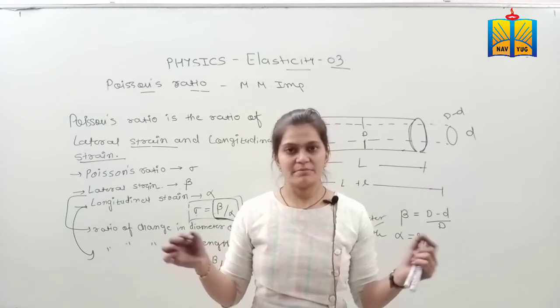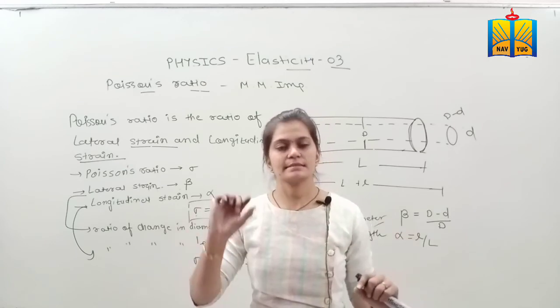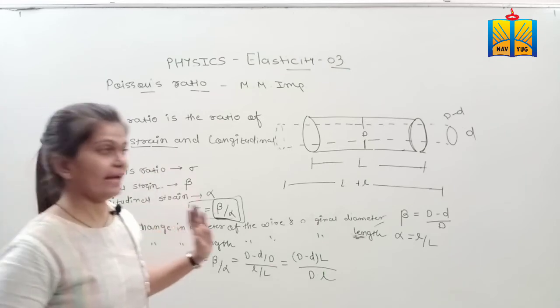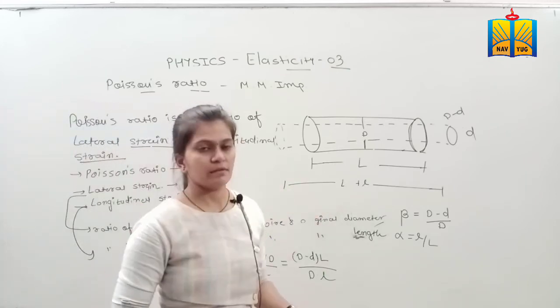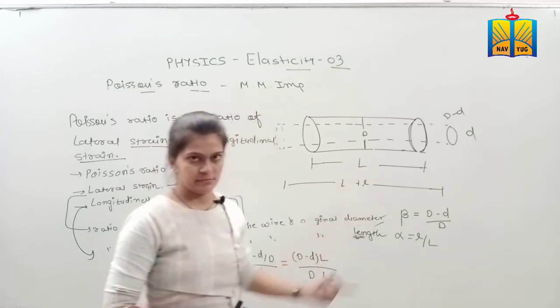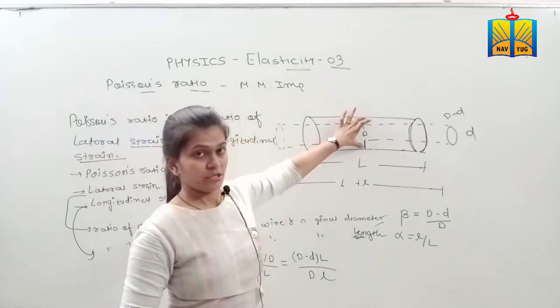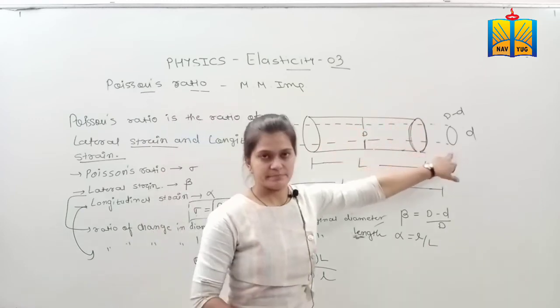Suppose we have a wire of length L. Now we stretch that wire and length becomes L plus l, and the diameter decreases from D to small d.